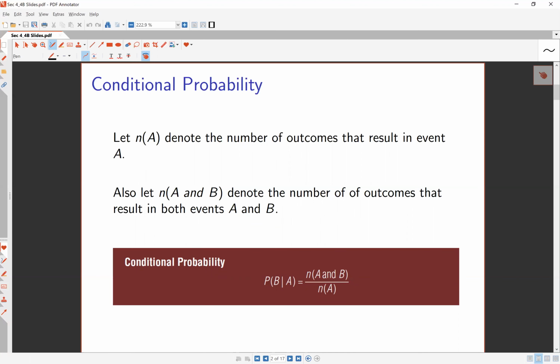Often, we're dealing with situations where we can list all the outcomes for the experiment, and those outcomes are equally likely.